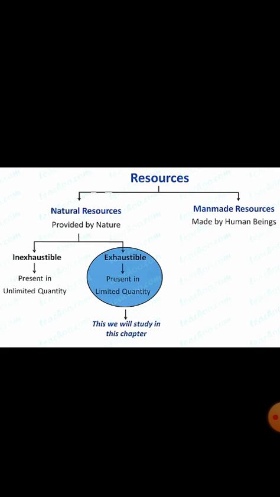Assume these eatables as natural resources. Some resources are unlimited in quantity and are not exhausted by human use. Air, water, sunlight are inexhaustible. Some resources are limited in quantity and are likely to be exhausted by human use.